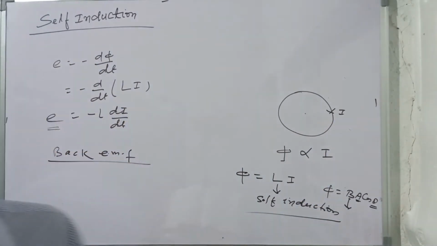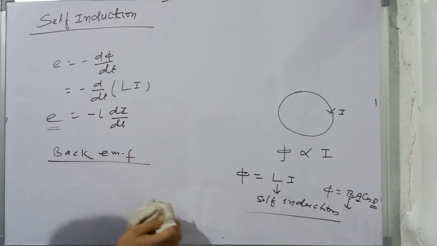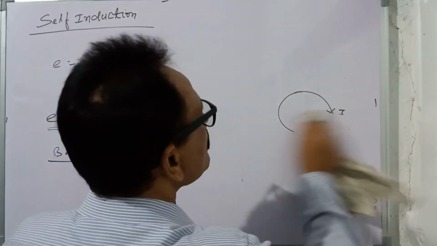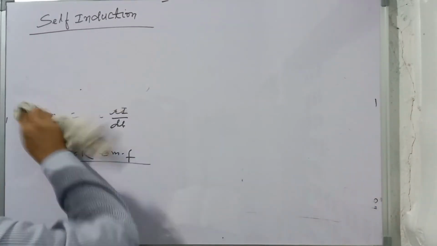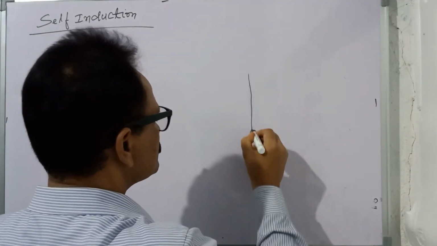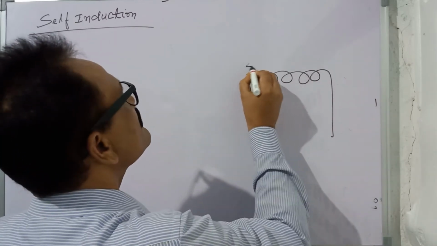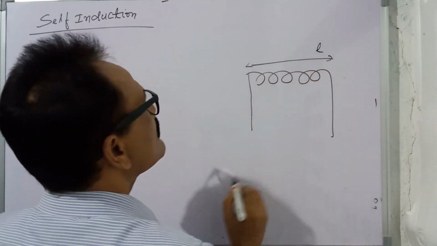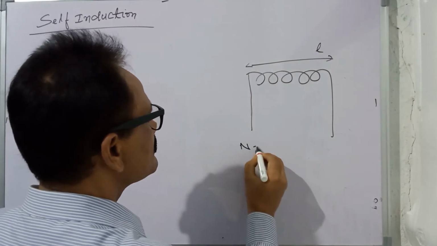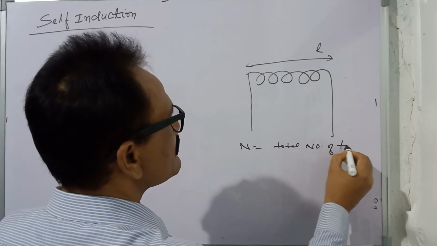Now I am going to calculate the value of this self inductance. For this, let us suppose a solenoid of length L, and N is the total number of turns.